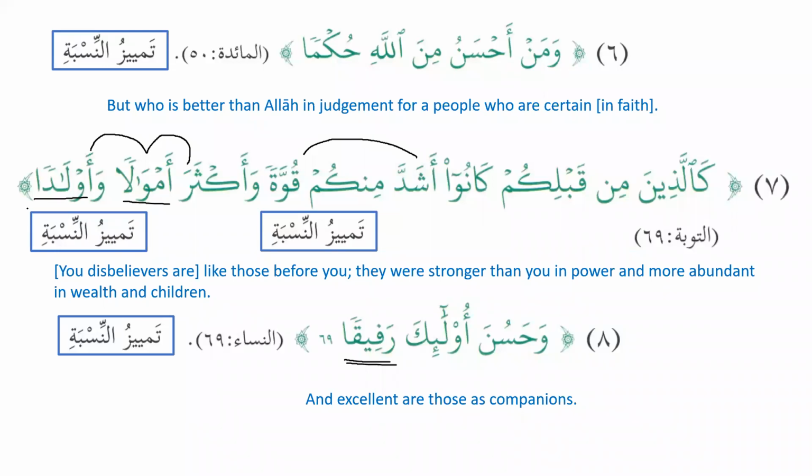But then when I read about it, I came to know that it was tamyiz. So as I said, with the passage of time, we will come to know whether it is tamyiz or hal. But at the end of the day, we are able to understand that this is a mansub noun and this is tamyiz. Okay, is this clear?